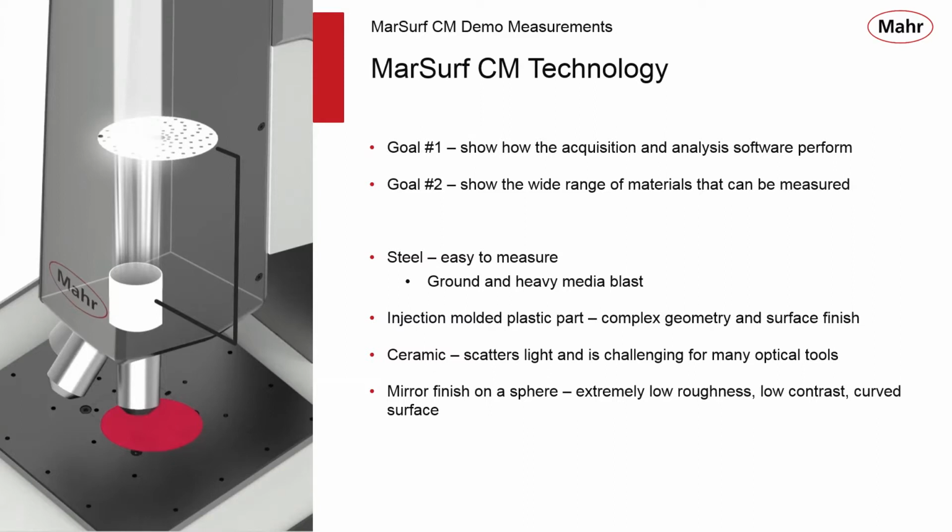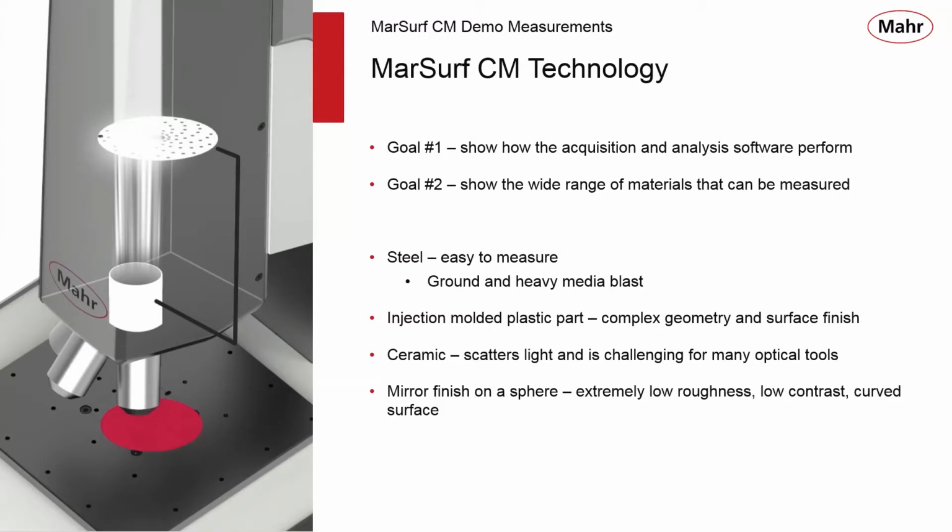Makes it challenging for a lot of optical tools. Optical tools need a good, strong reflected light signal, or they have a tough time measuring height. In the case of the confocal technology, even very weakly reflected or dispersed reflections are very easily measured with this tool.